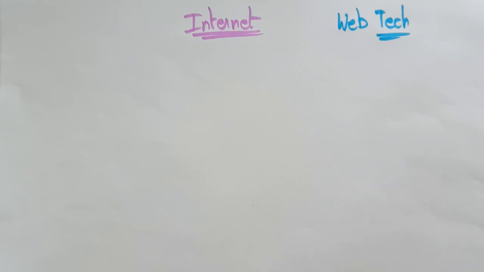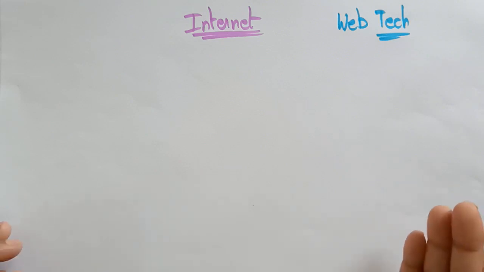Before knowing the different software programming languages that are related to web technologies, the basic concept you need to know about is the internet, because the internet is tied up with web technologies. That's why you need to know about the internet. Everyone knows about the internet.